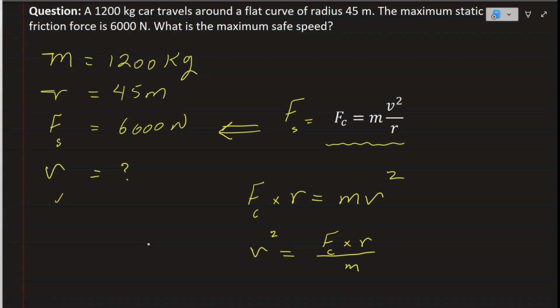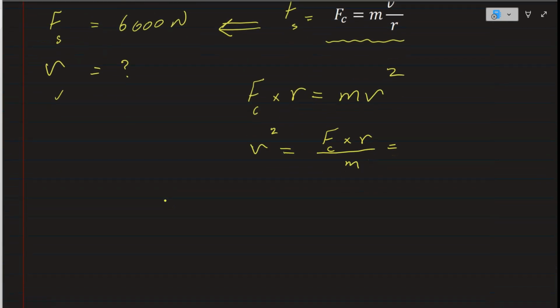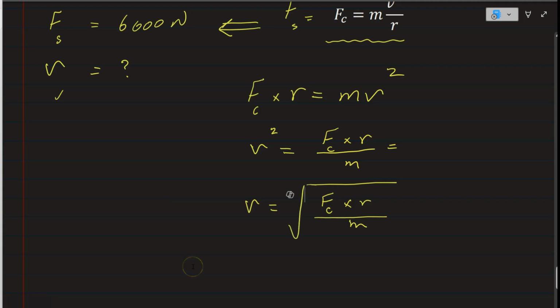And now the last step is to take the square root of both sides, and when we do that, we get v equal to the square root of centripetal force times the radius divided by m, and all of this is part of the square root, the radicand of the expression. Okay, so that is the formula for the velocity.